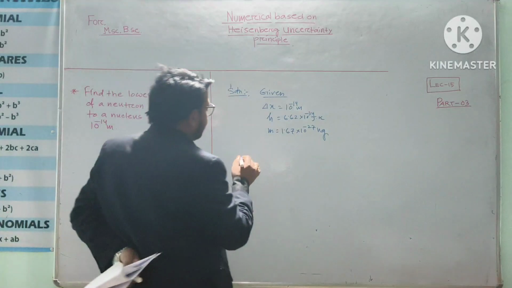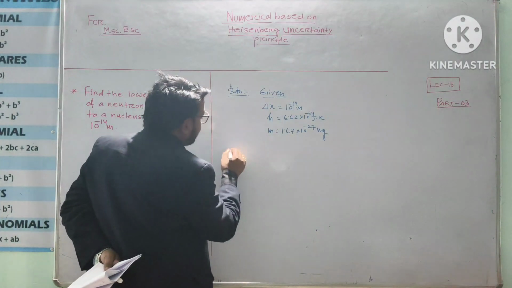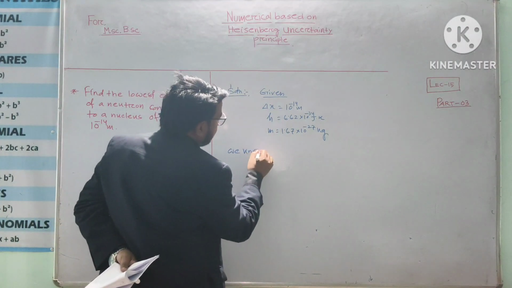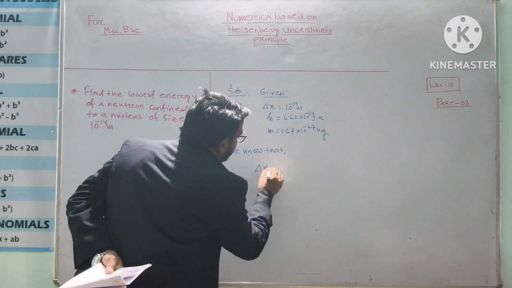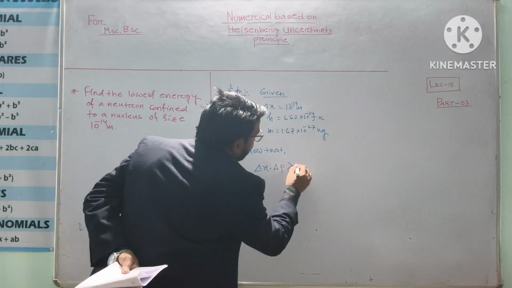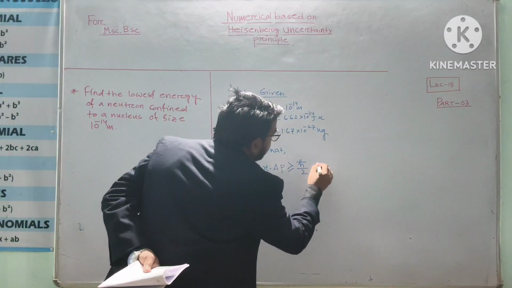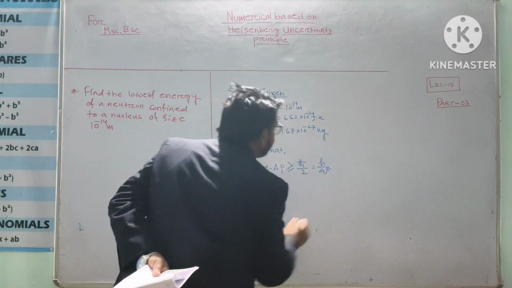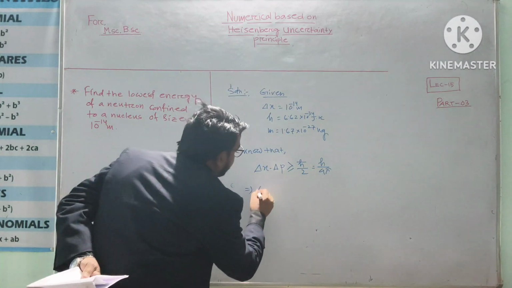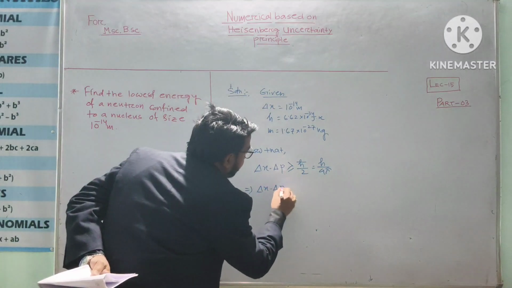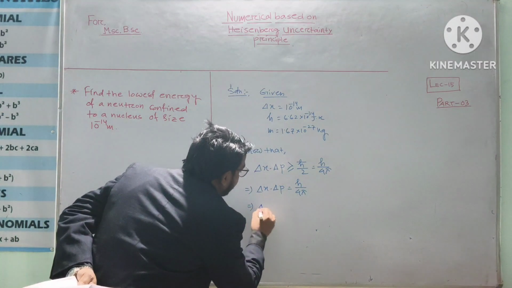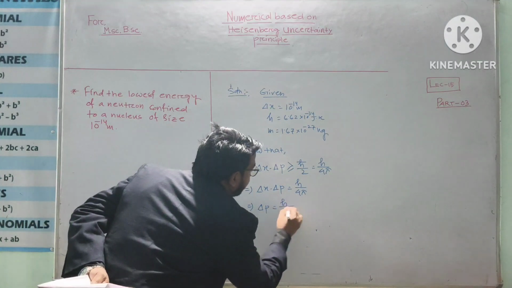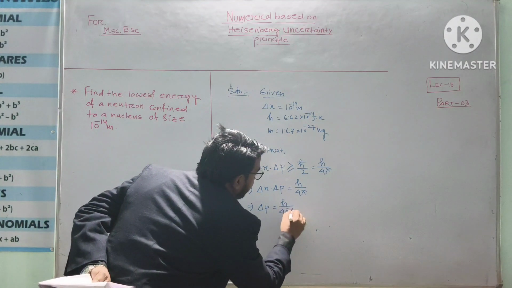So by using the Heisenberg uncertainty principle, we know that delta x into delta p is greater than or equal to h bar divided by 2, which equals h by 4 pi. Okay. So delta x into delta p equals h by 4 pi, and delta p equals h by 4 pi into delta x.